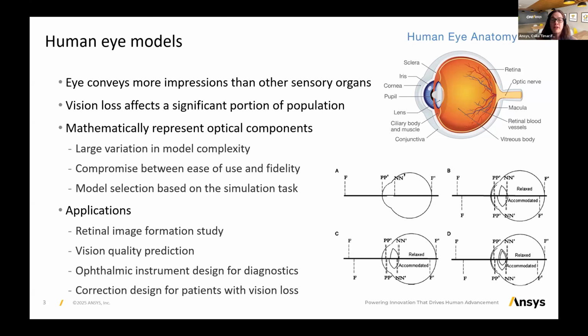Besides, numerical simulations can be used to design ophthalmic instruments for diagnostics, for example, wavefront sensors or OCT devices, as well as for designing corrections for patients with vision loss. That includes cataract patients and intraocular lens design for them, and eyeglasses or contact lens design for presbyopia patients.